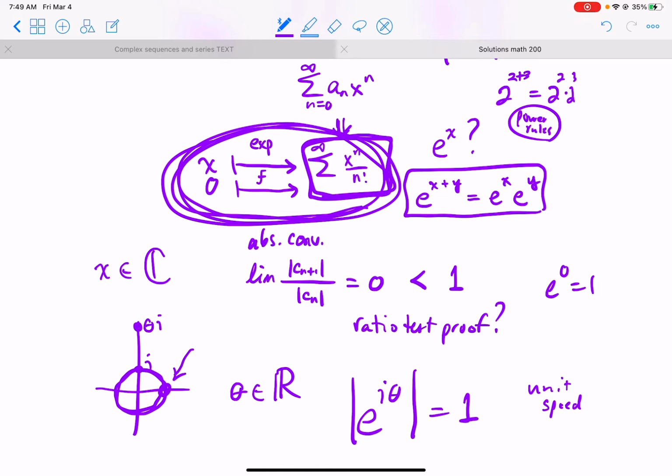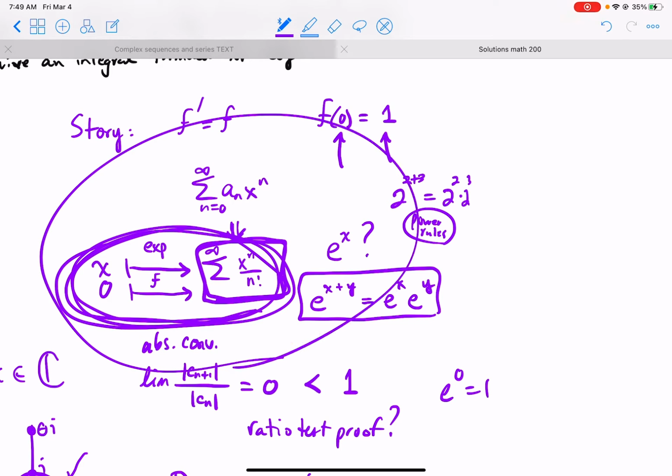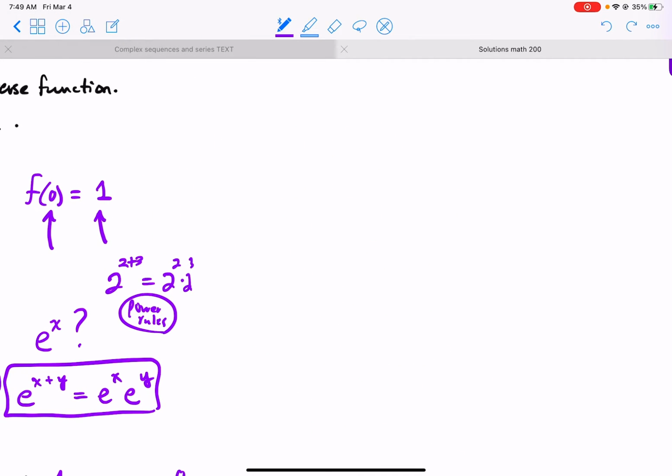And so this gave us right away the geometry of sine of x and cosine of x being the y coordinate and the x coordinate of a unit circle point.